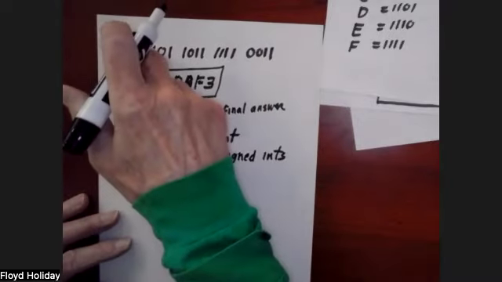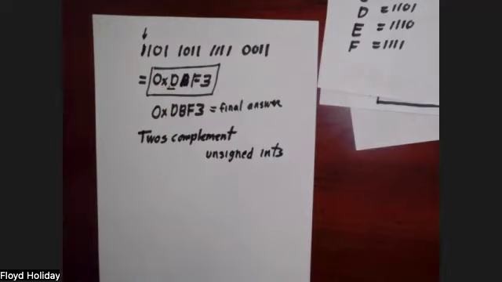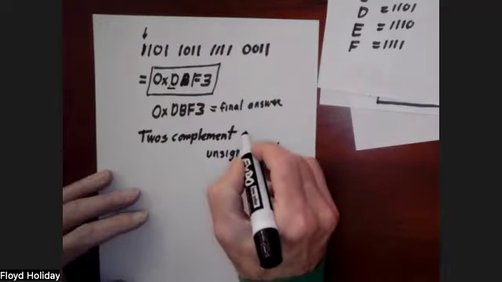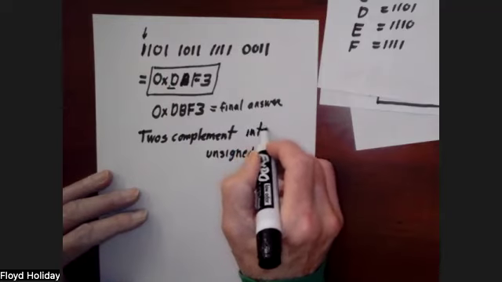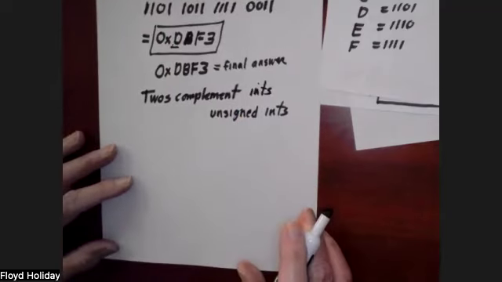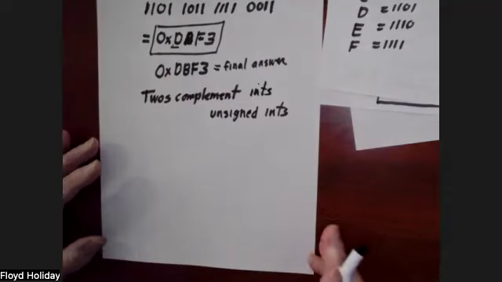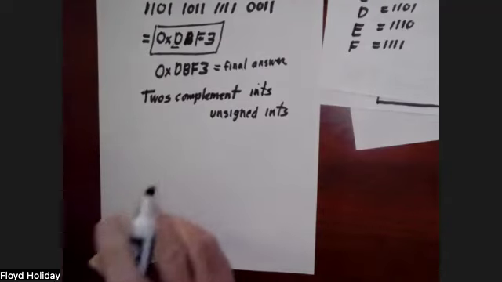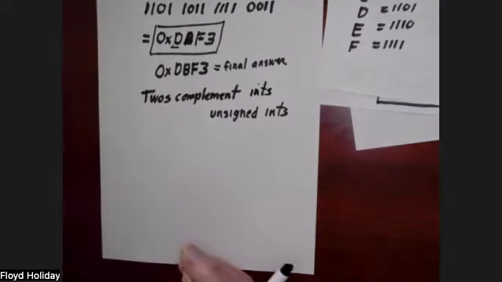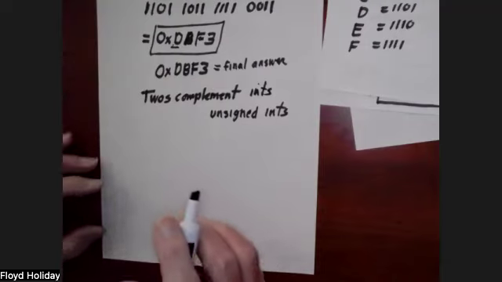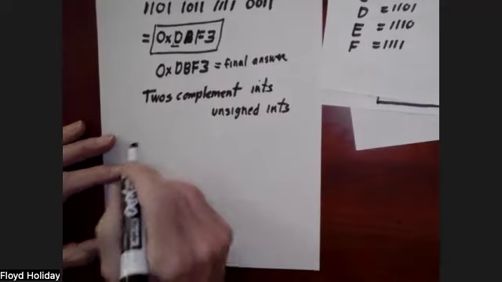If that counts as 0 for positive, 1 for negative, then the system is called two's complement integers. It doesn't matter which base you write it in, 2 or 16, the complementing still works.